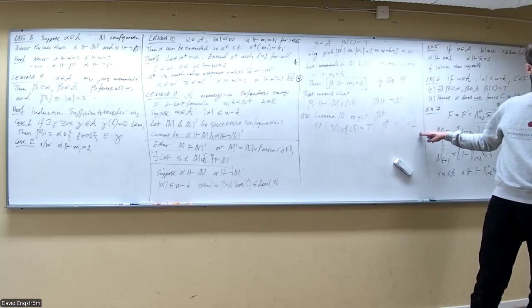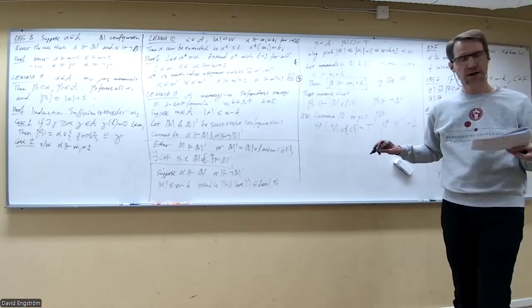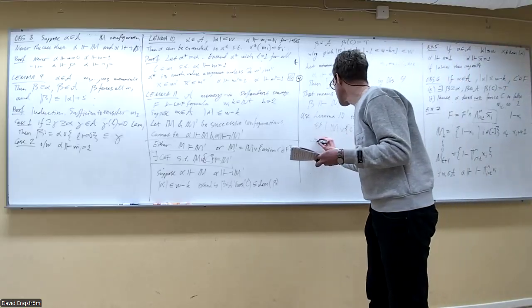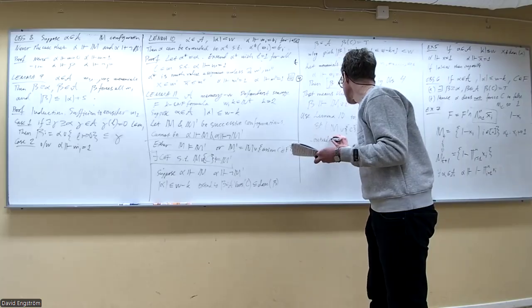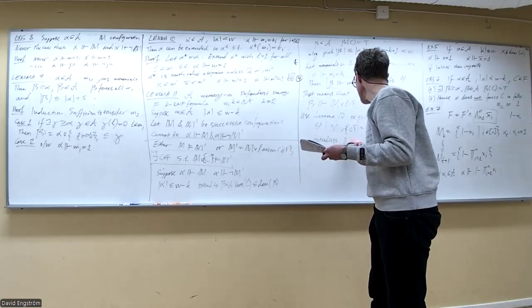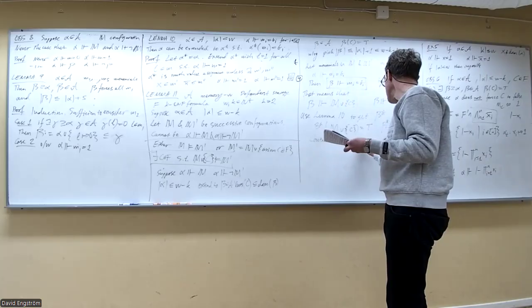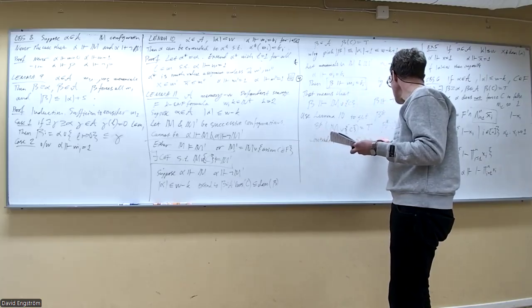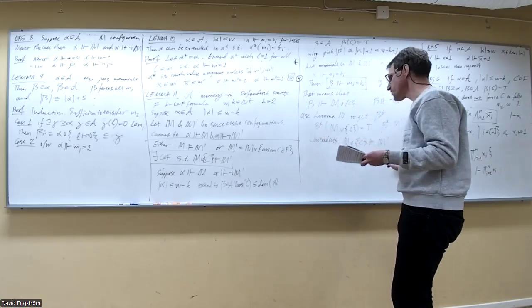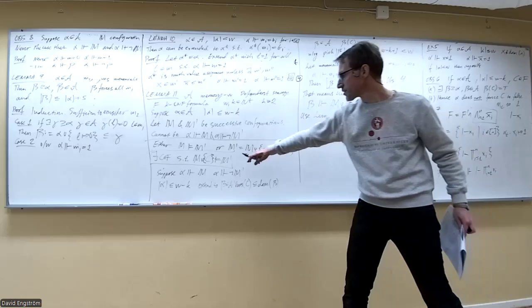Okay, but now we're done, right? Because this contradicts that M union C semantically implies M prime. And that's where we start.